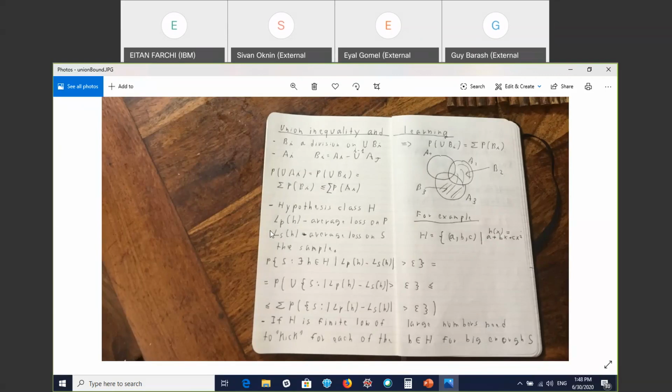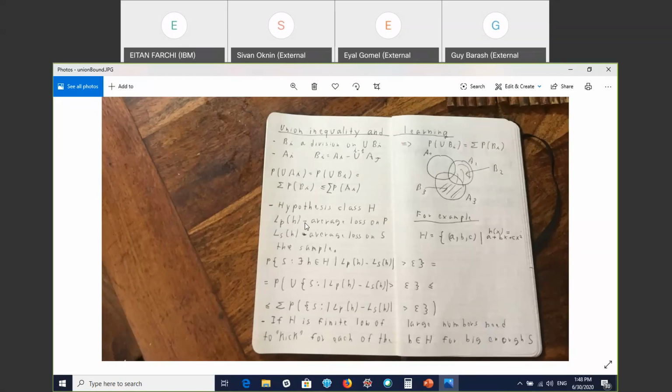Here we denote it as LP(H). Now, the law of large numbers tells us that if the sample is big enough, then LS(H) will be close to LP(H).